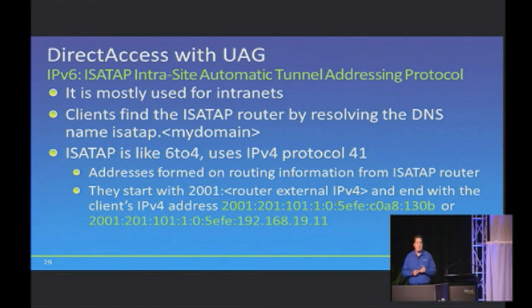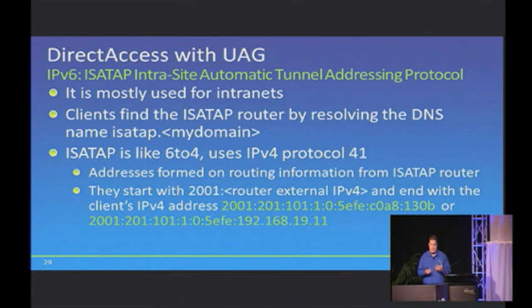In the internal network, we have to have IPv6 connectivity in that space as well. So the options were: use UAG, then you're able to use NAT64 and DNS64 services; use native IPv6, that's also always an option; and the third one is to use the ISATAP protocol.